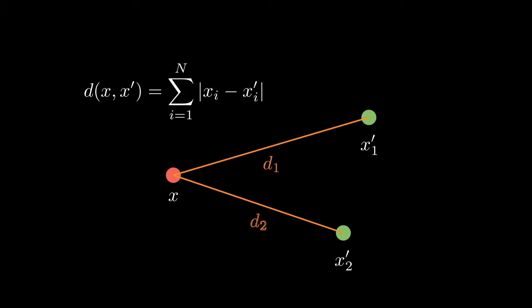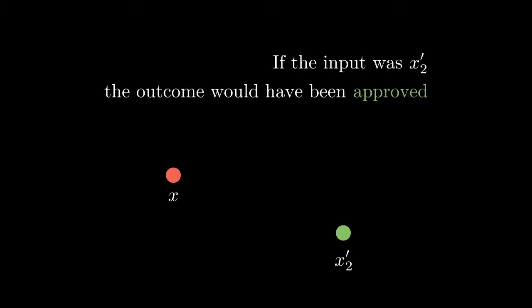However, different metrics can be used in specific problems. Once we've calculated the distance, we choose the best counterfactual as the one which minimizes the distance. And at this point, we can designate the result as a counterfactual, which can be formulated as the definition in the beginning, stating that if the input was this, then the outcome would have been approved.